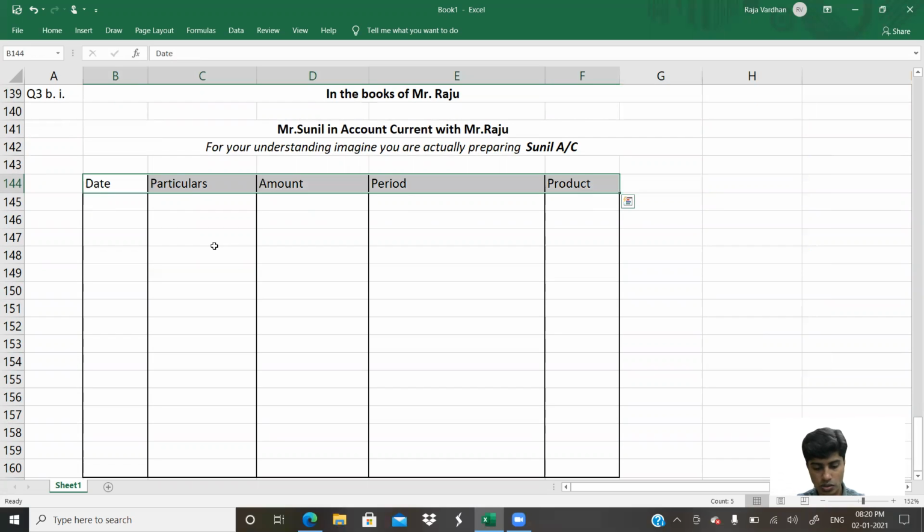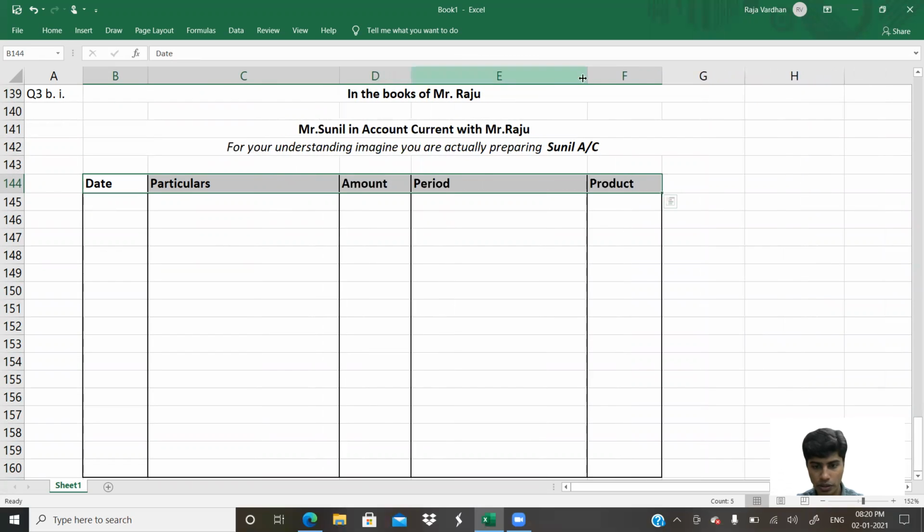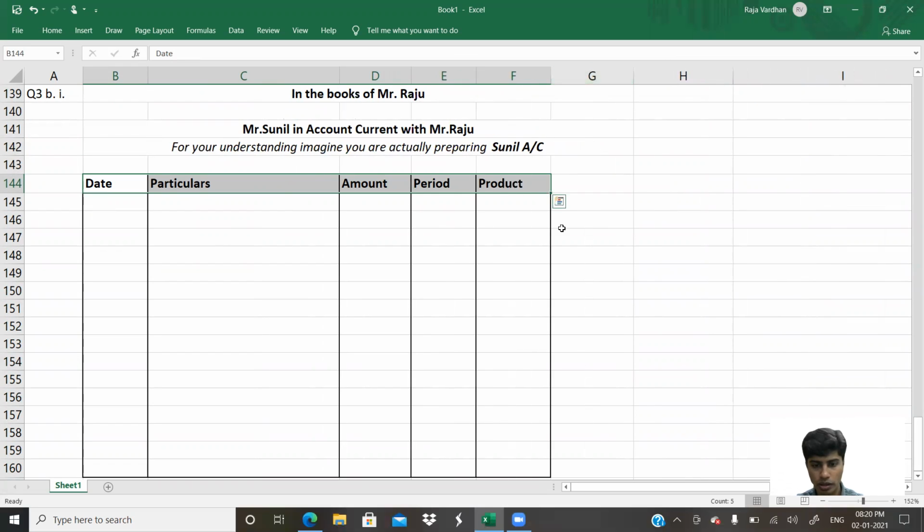So this is one side done. My particulars has to be little big, amount little small, period even more small, product decent. Perfect. So this is my one side.